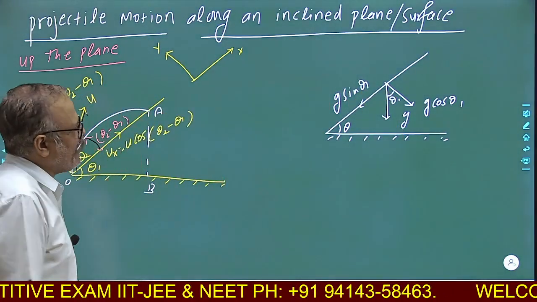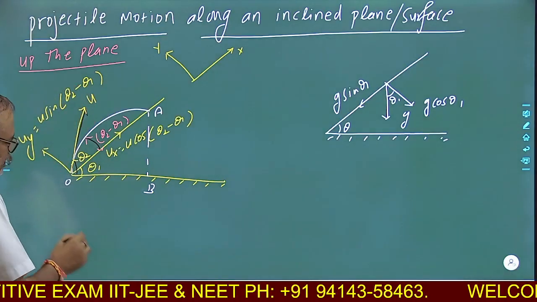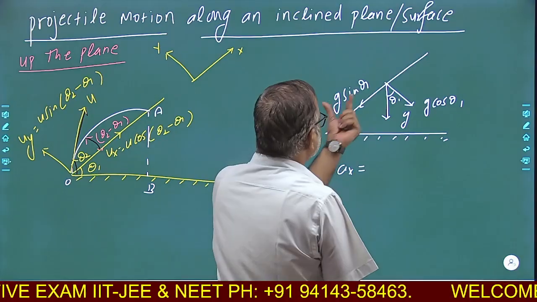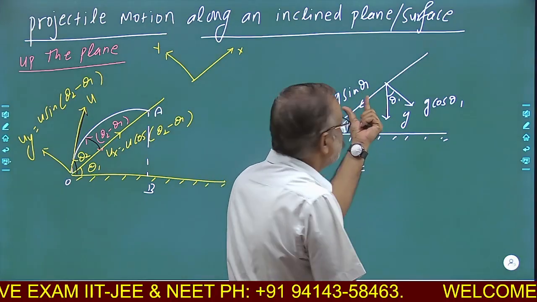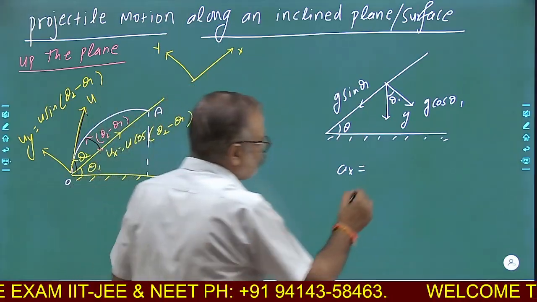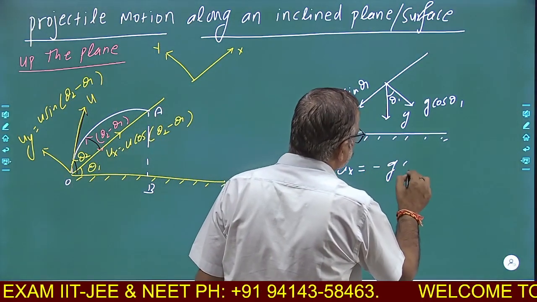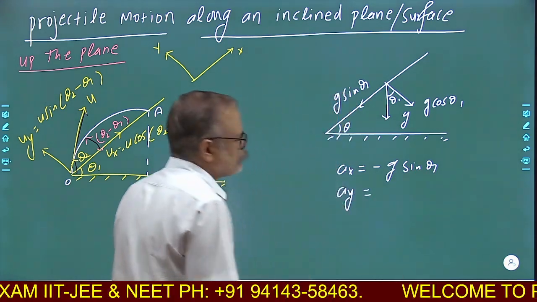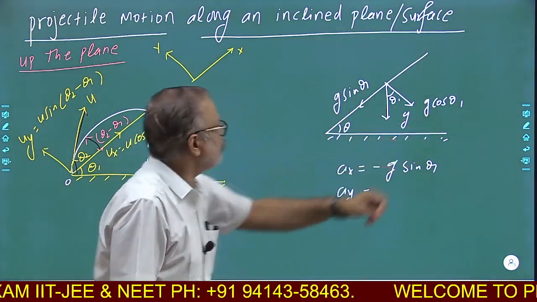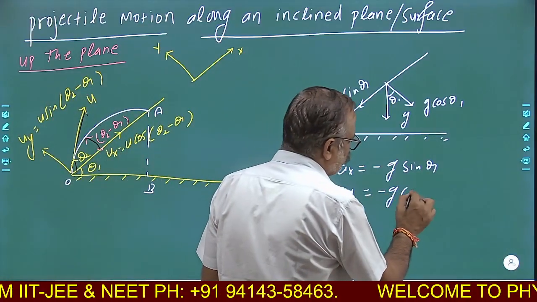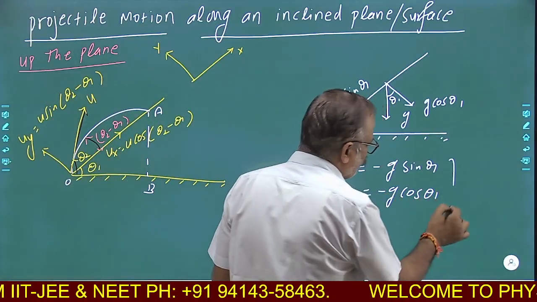Acceleration along the x direction, ax, is g sin theta1 opposite to the x direction, so minus g sin theta1. Acceleration along the y direction is g cos of theta1 opposite to the y direction, so minus g cos of theta1.